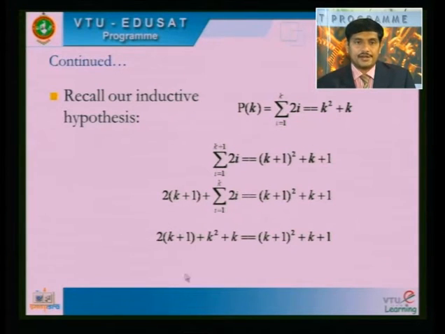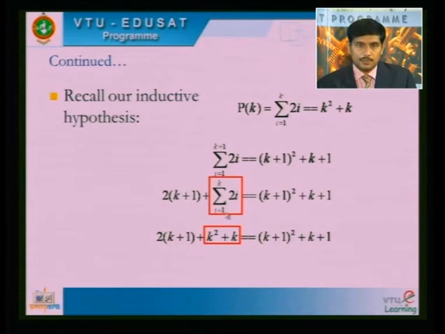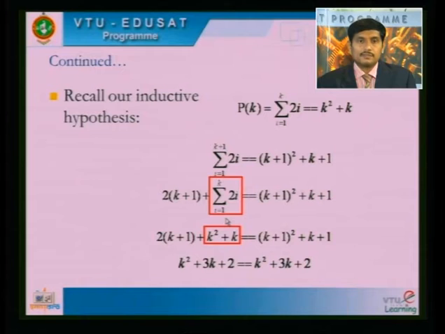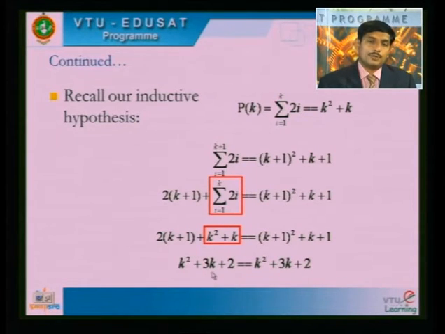Then we get 2 times (k+1) plus k squared plus k. Simplifying this, we get k squared plus 3k plus 2 on the left hand side. Similarly, the right hand side is also k squared plus 3k plus 2, which means that P(k+1) is also true.